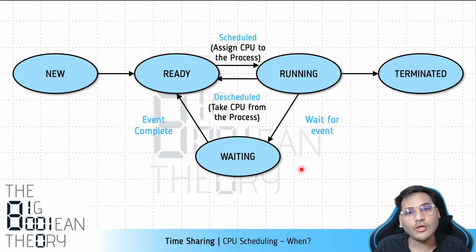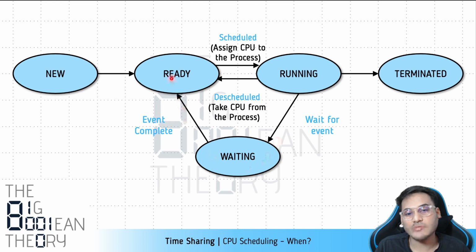Waiting for I/O is one of the major reasons why a process has to wait. Other reasons could be that the process is waiting for its child process to terminate. Many other reasons exist. So the process can transition from running to waiting state. And finally, when that event happens for which the process was waiting, it transitions back to the ready state. And from here, it can again be allocated the CPU and it can go to running state.